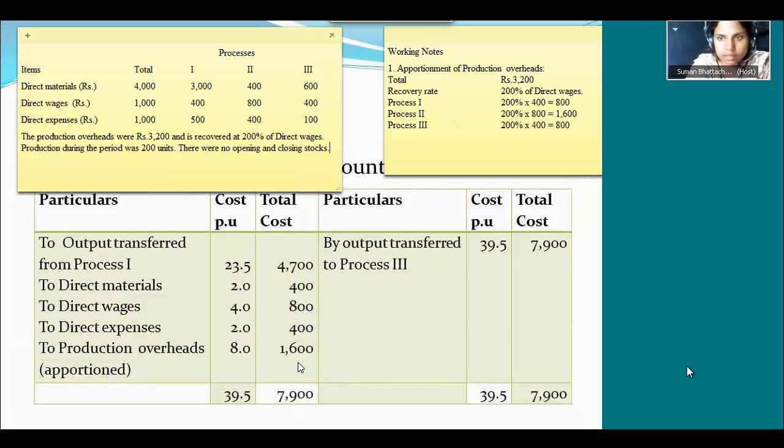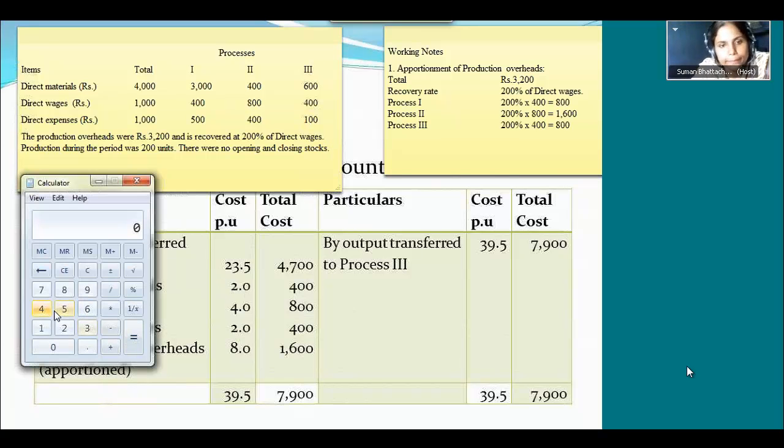Now we have to find out the total cost per unit. So first it is 23.5 plus 2 plus 4 plus 2 plus 8. How much? 39 rupees 50 paise.